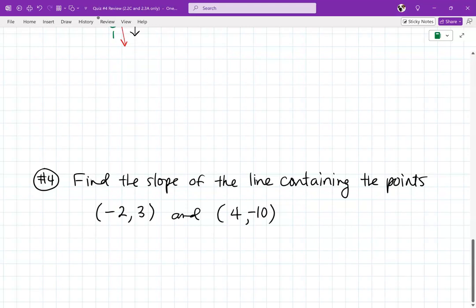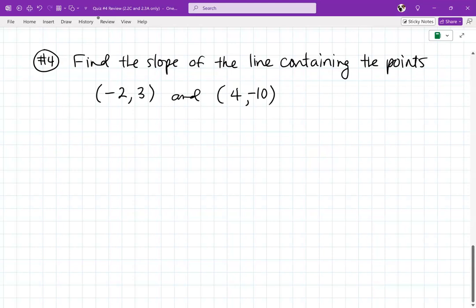Remember, they can have negatives all over the place. They can all be positive numbers. It doesn't matter. Just plug them in correctly. So find the slope of the line containing those points.